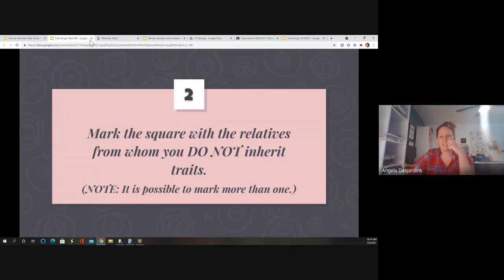So who do you not inherit traits from? Okay, everybody good to go? That is an inherited trait. So you got to think about that one. Really think about who you inherit your traits from. Follow the line.